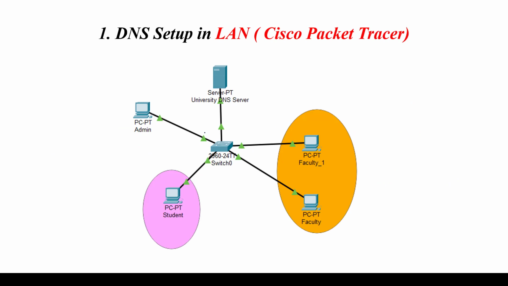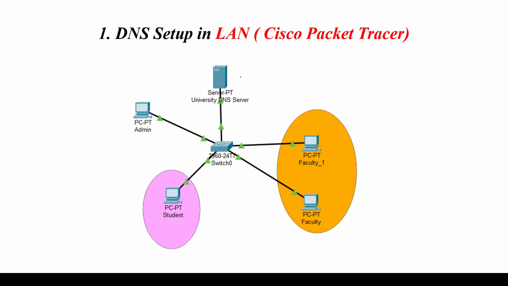So here you can see this is the topology. Basically, the domain name server resolves the host name into the IP address. As I have told you, when you type www.xyz.com, the DNS will find the IP address of the respective domain.